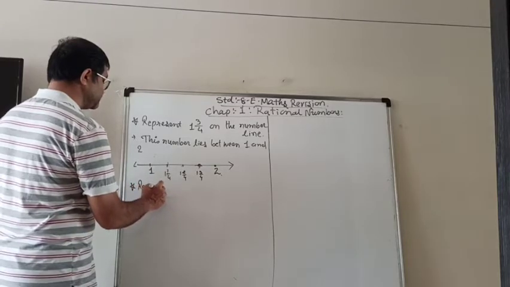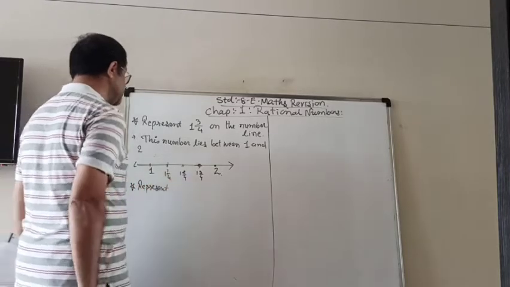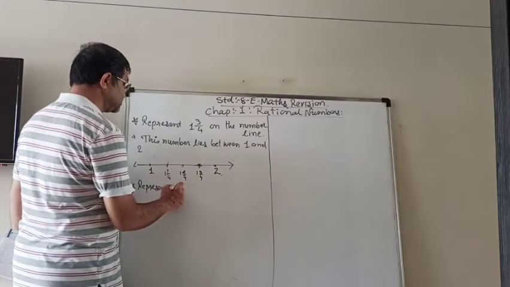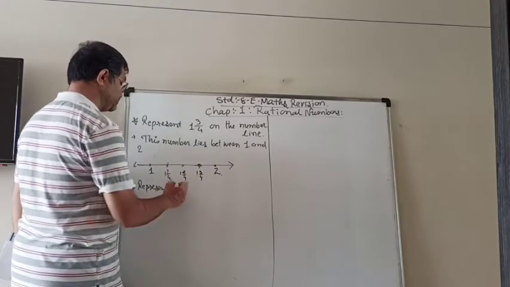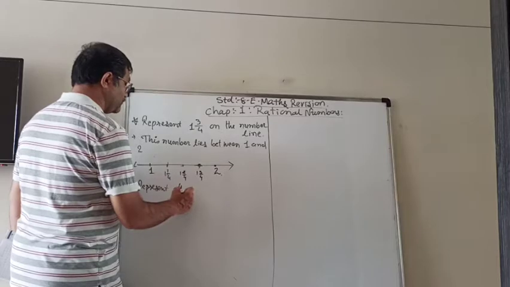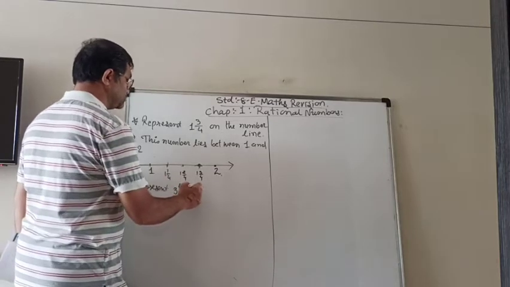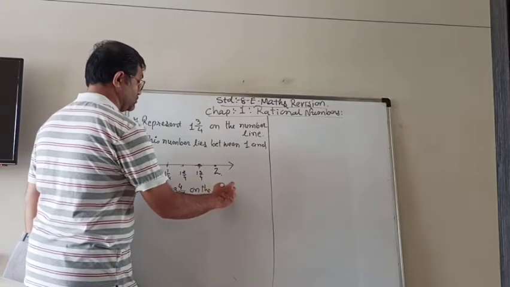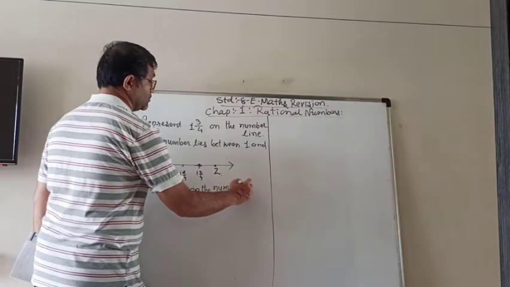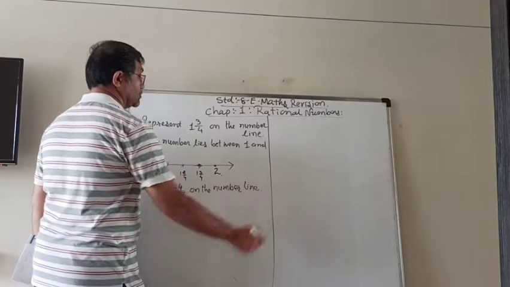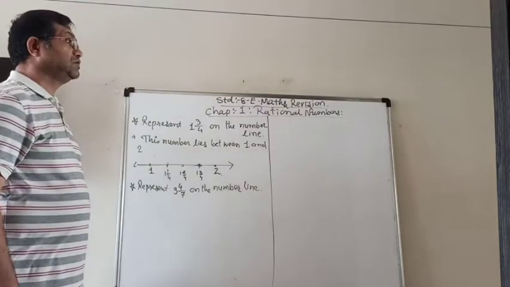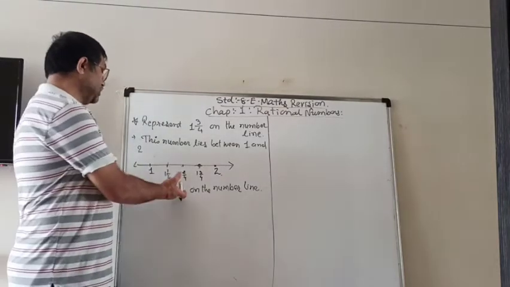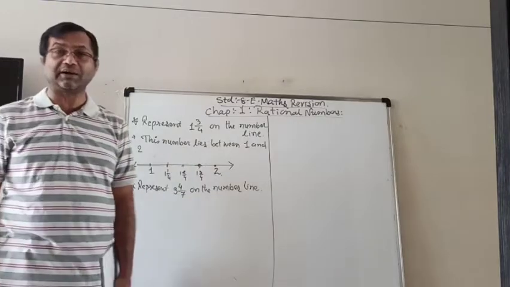Represent three integer 4/7 on the number line. So here also you can see that it is a mixed number.